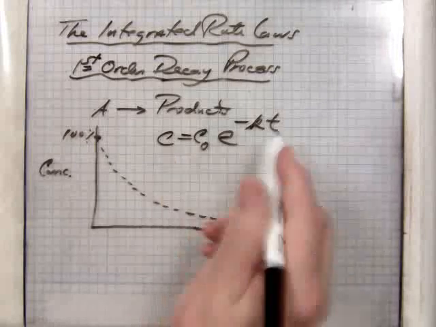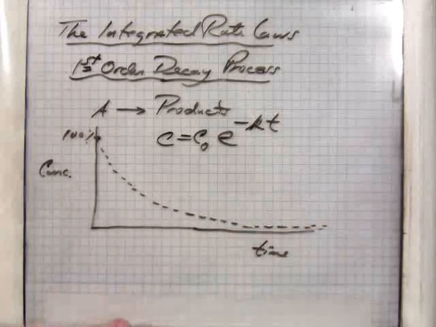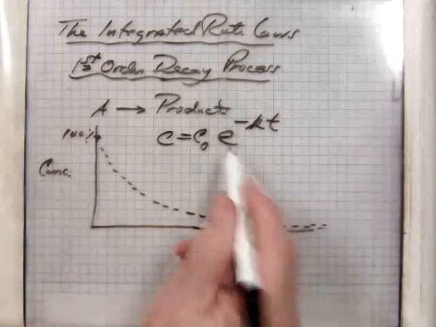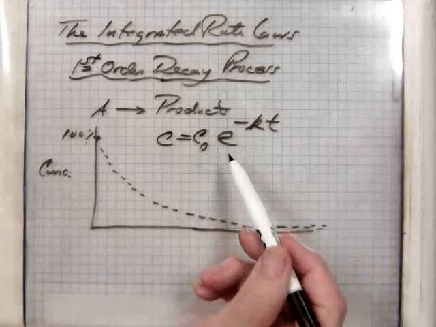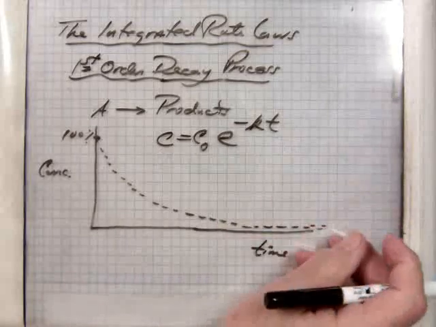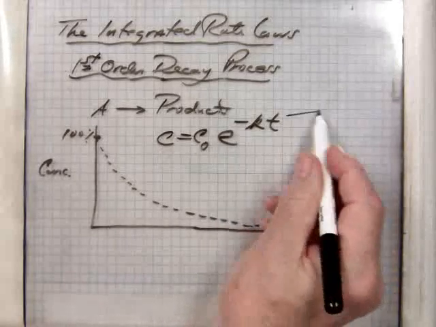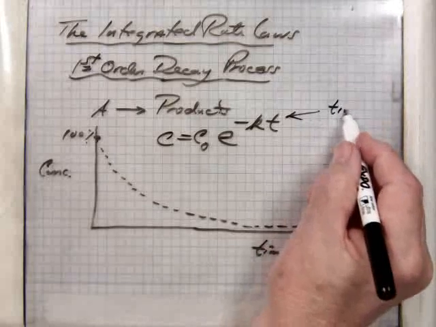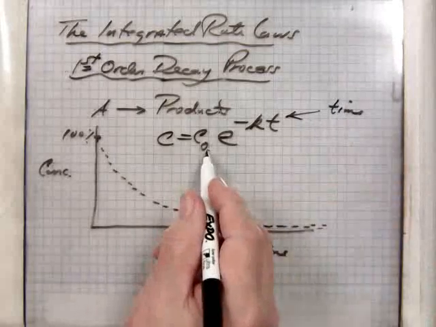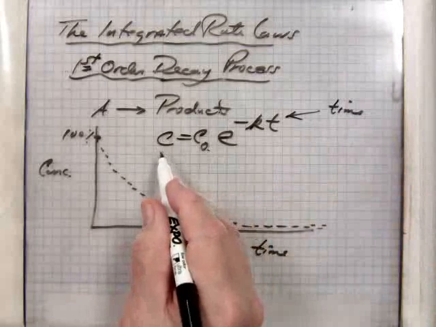Well, how do we use this? There are two types of equations that you will use out of this. One is what we call the decay equation, leading to, say, a time element: how long does it take to go from one initial concentration to a final concentration?